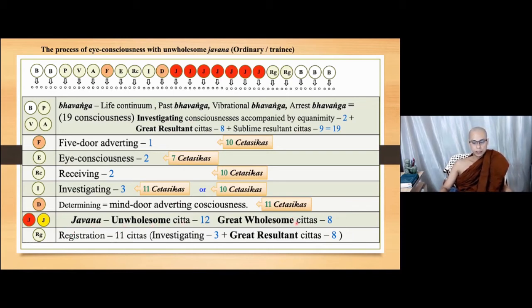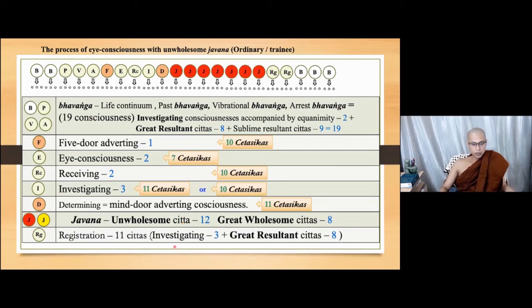If it is unwholesome, we need to identify the dosa mula, moha mula or lobha mula consciousness. According to the specific consciousness, the associated mental factors will be different. And for the wholesome also, it is great wholesome or great functional, accompanied by joy or by equanimity, etc. We need to consider and find out the associated mental factors.